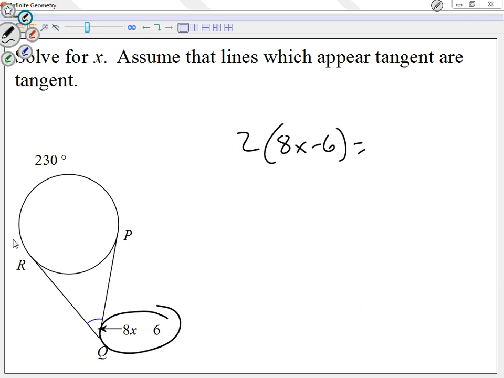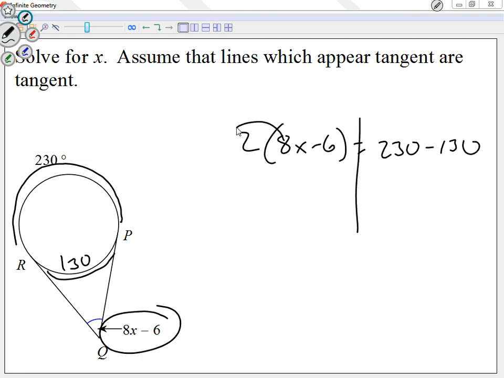Now my two arcs, I notice that one arc is 230. I don't see the measurement for the other arc, but I notice it's what completes the circle. So I'm going to call that 130, because remember I subtracted 230 from 360. That's how I got 130. So when I subtract my two arcs, I'm going to go 230 minus 130.